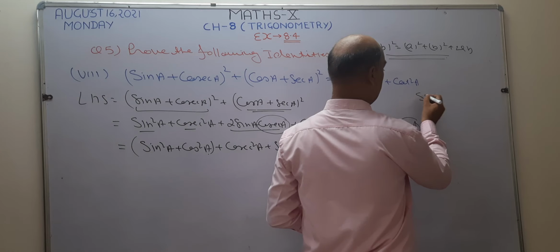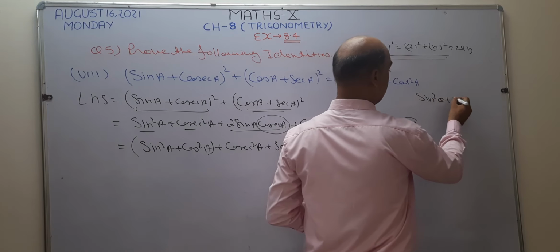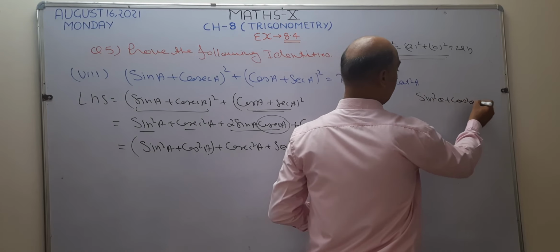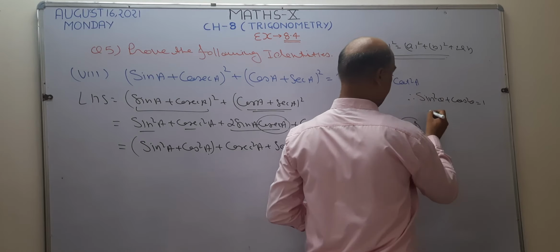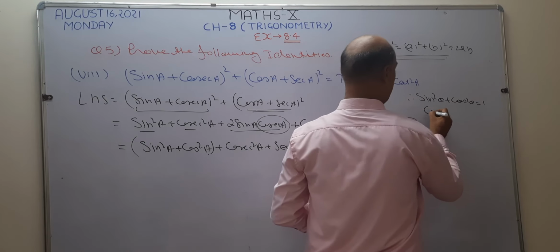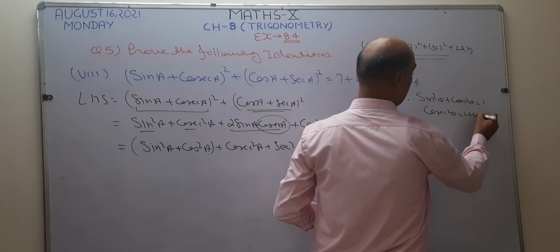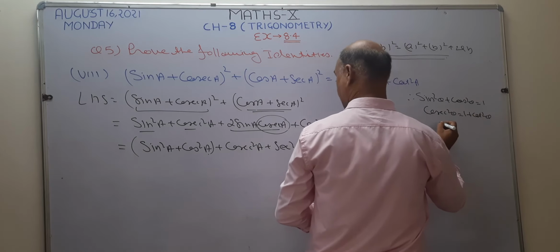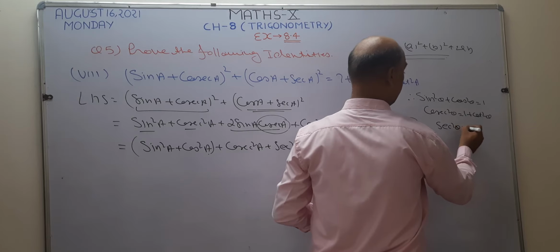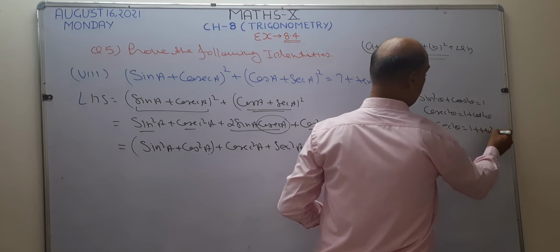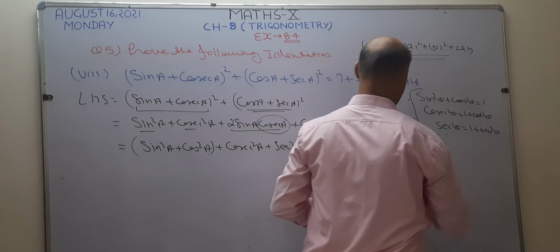This identity: sine square theta plus cos square theta is equal to 1. Another identity I am going to use here: cosec square theta is equal to 1 plus cot square theta, and secant square theta is equal to 1 plus tan square theta. I am going to use these three identities in this question.